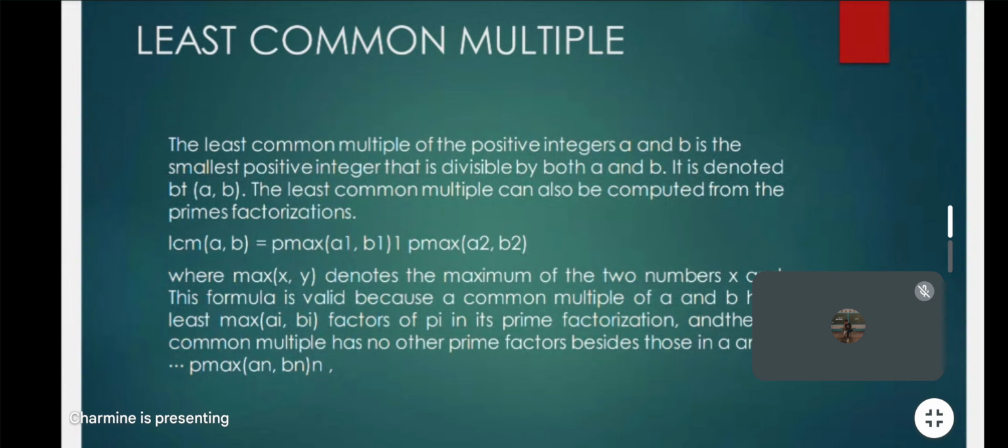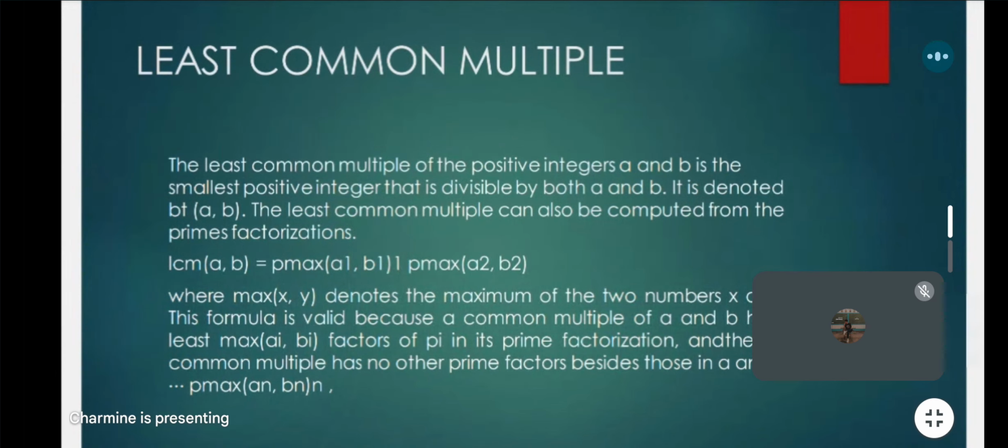The least common multiple can also be computed from the prime factorization. The least common multiple of a and b equals p1 to the max of a1 and b1, p2 to the max of a2 and b2, and so on, where max of x, y denotes the maximum of the two numbers x and y.